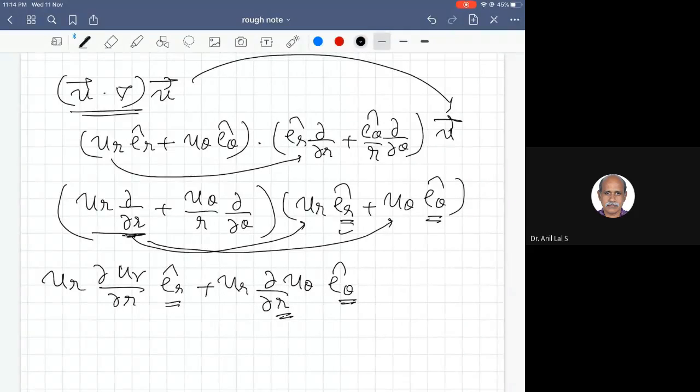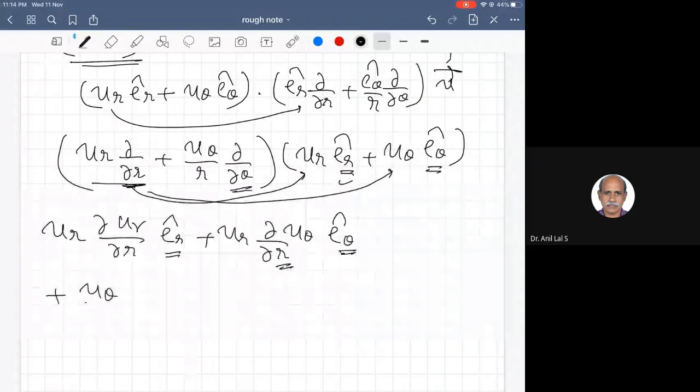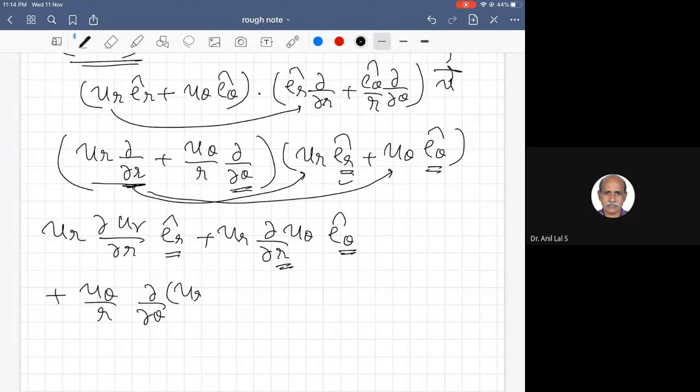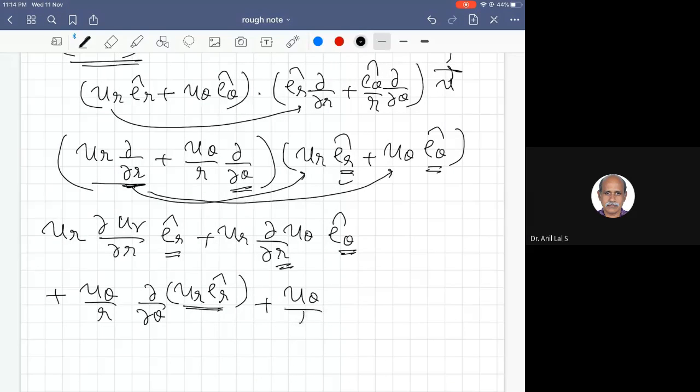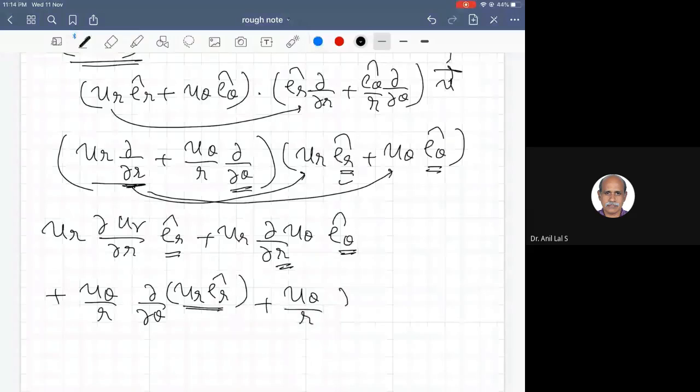Whereas if you look at these differentiations, U theta by R, dou by dou theta of UR ER, we have to differentiate this as a product. We cannot take ER outside. Plus U theta by R dou by dou theta of U theta E theta.